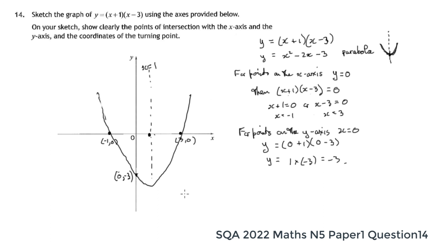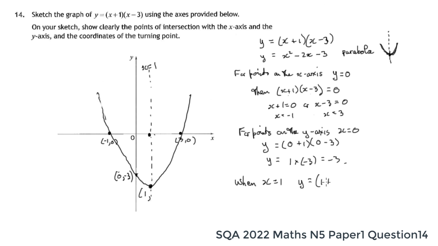So there's my parabola, and we're asked for the coordinates of the turning point. Now we know the x-coordinate is 1, but we're not sure of the y-coordinate. So the final step of working is, when x equals 1, let's plug 1 into the formula.